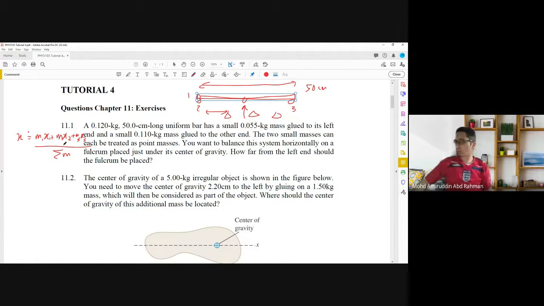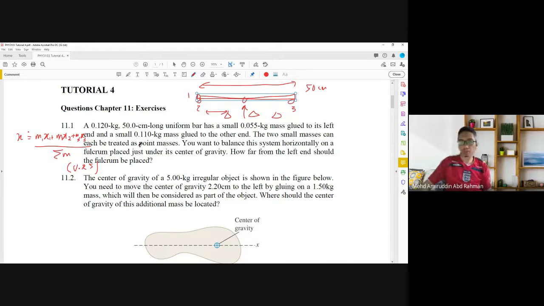So what you're going to have here: if it is 0.5, so it is 0.25 for both x3 and x2, but the difference is just the mass, so you just multiply by the mass. Over here is 0.11, and the other one is 0.55.